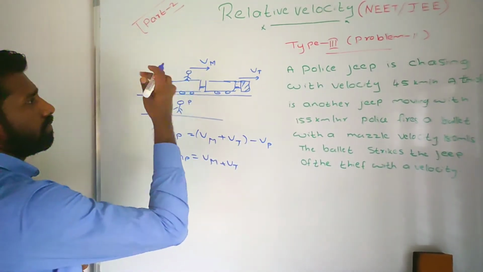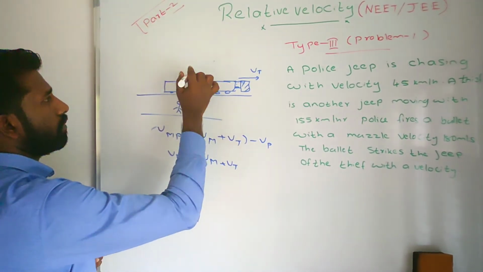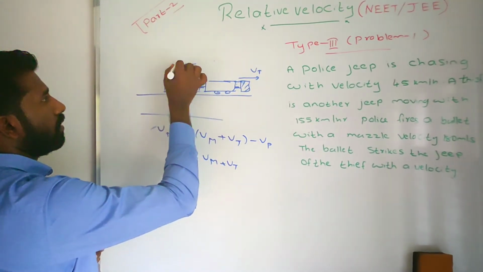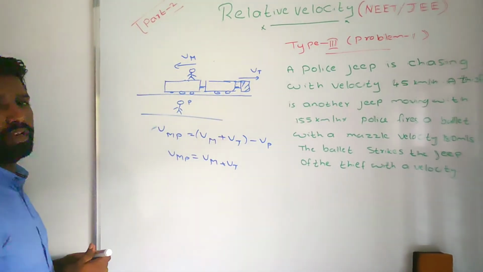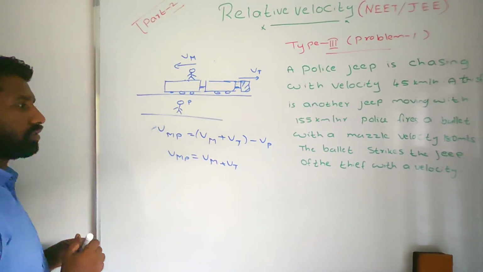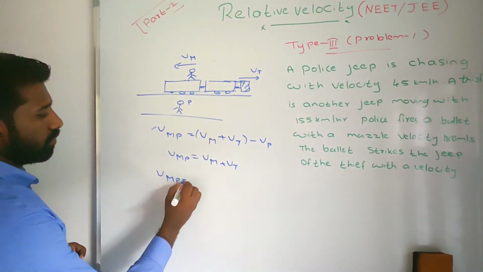If this monkey is moving in the opposite direction, that means, look here, in the opposite direction of the train, with what velocity does this monkey appear to this person? That is the relative velocity of the monkey with respect to the person.